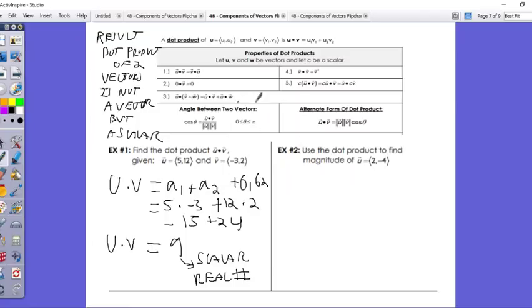Another property: we can just say that the absolute value of u squared is equal to u times u. So using this property, the absolute value of u squared is going to be equal to 2 times 2 plus negative 4 times negative 4.